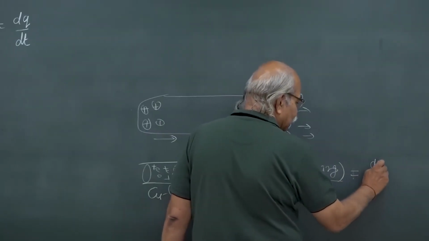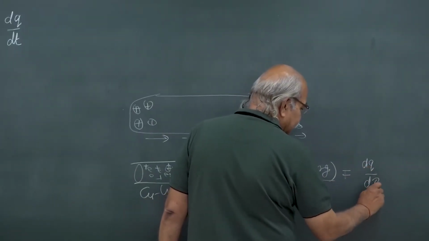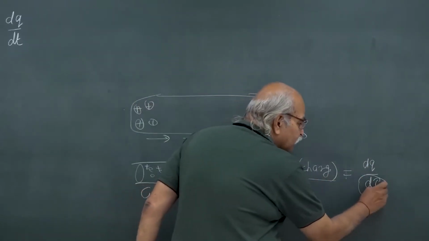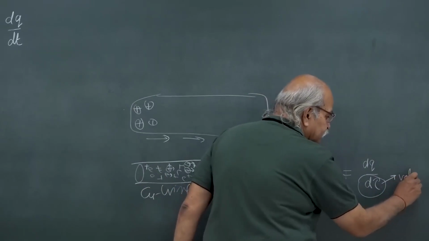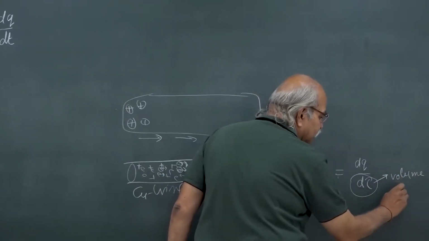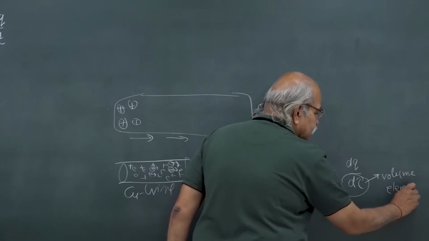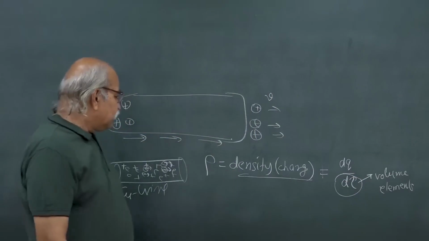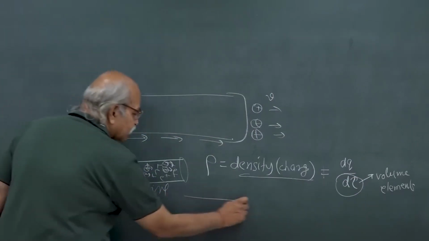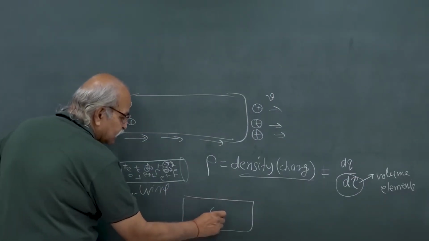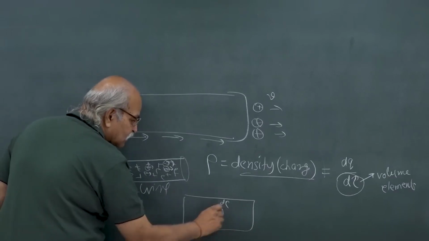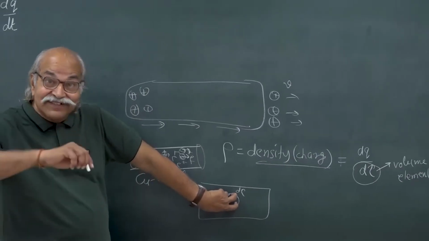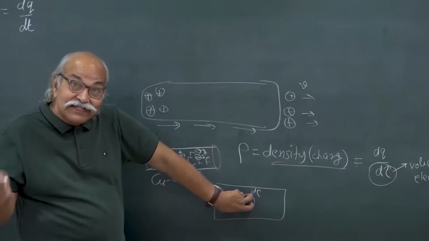So this will be dq divided by d tau. These are the symbols that you keep learning. This d tau I will always use for volume element, small volume, tau, the Greek letter tau, d tau. If I take a small volume d tau in this wire, how many free electrons are there in that d tau?